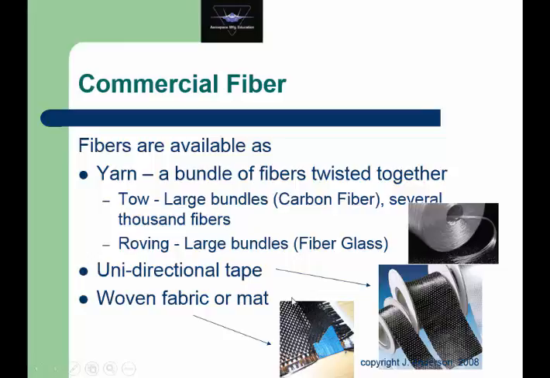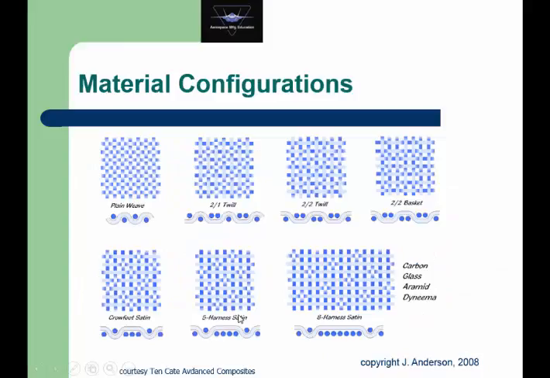So if we take these fibers and we lay them in a stack, a thin stack that's either unidirectional or woven or multidirectional, we can have a thin or a relatively narrow roll of material that we call tape because it looks like a tape. Or we can make a much bigger piece of material that's called woven fabric or mat.